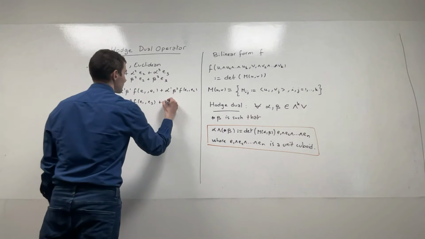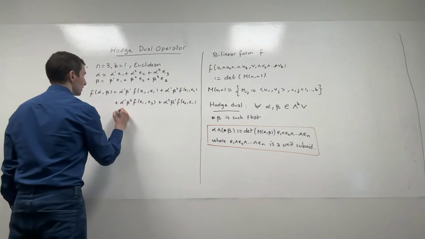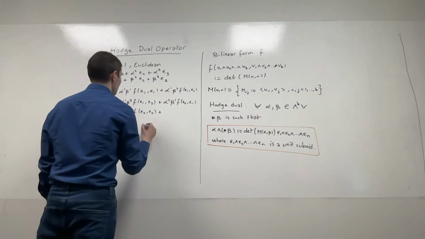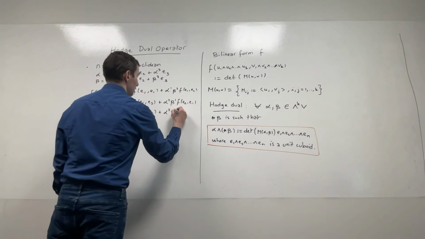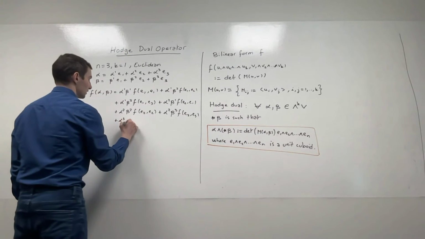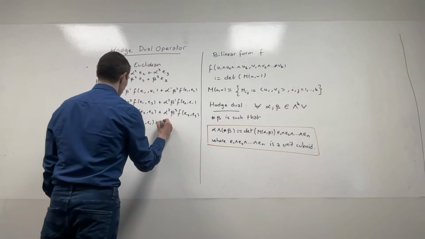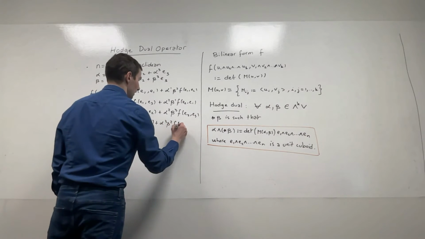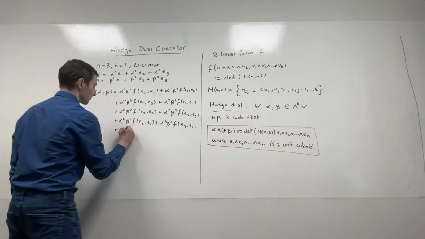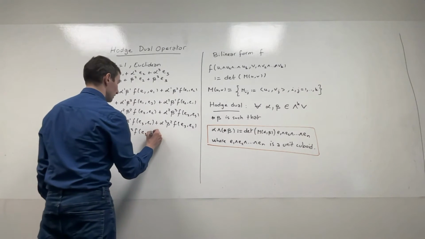and then plus alpha 2 beta 1 f of E2 E1, plus alpha 2 beta 2 f of E2 E2, plus alpha 2 beta 3 f of E2 E3, plus alpha 3 beta 1 f of E3 E1, plus alpha 3 beta 2 f of E3 E2, and finally plus alpha 3 beta 3 f of E3 E3.